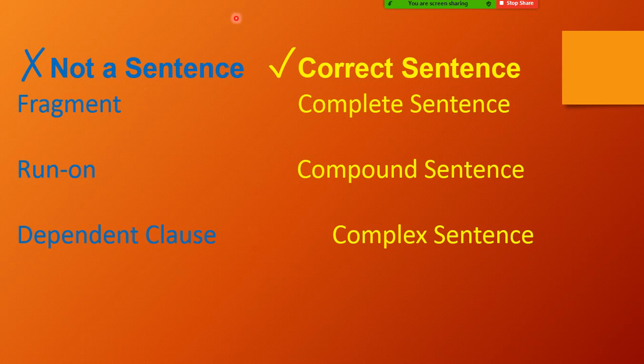Okay. Fine. The things that we said are not sentences are the fragment, run-on, or dependent clause. What does this mean? All these things are part of a whole sentence, but they don't give me a complete meaning. It doesn't make sense when you read it by itself. But the correct sentence is all these three types: simple sentence, compound sentence, or complex sentence. You have studied these in previous years, right? Yes, the types of sentences. But did you study the meaning of fragment or run-on?